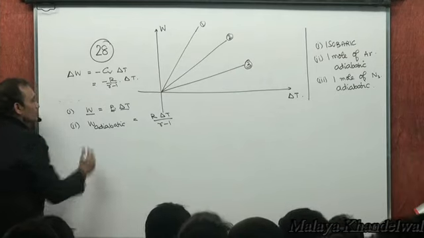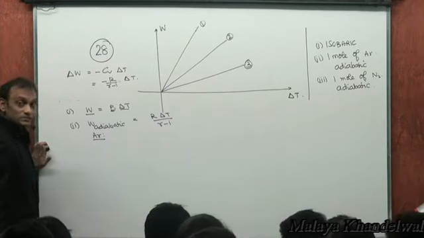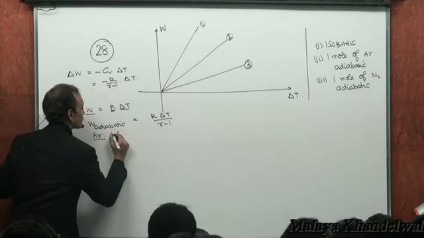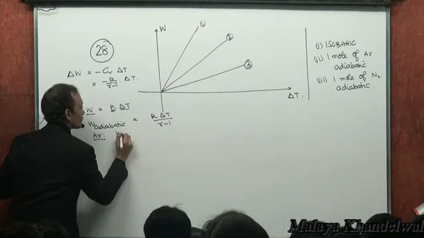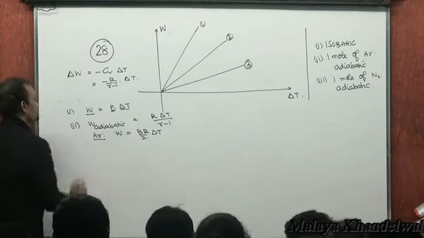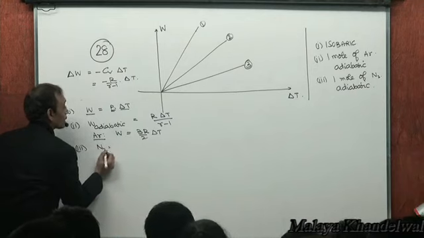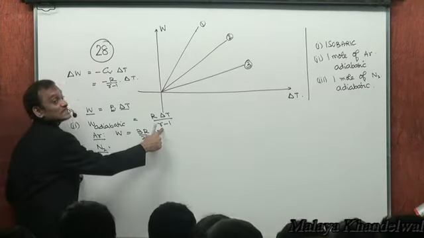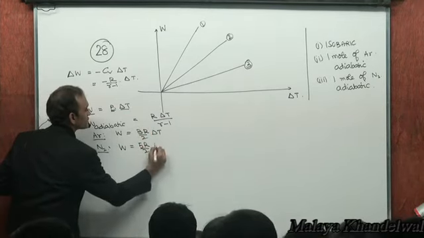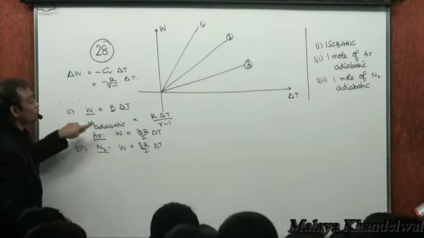For argon, gamma is 5 by 3, a monoatomic gas, so the work done is 3R by 2 delta T. For nitrogen, all that changes is gamma is 7 by 5, so the work done is going to be 5R by 2 delta T. Now, of these, which has the least slope?